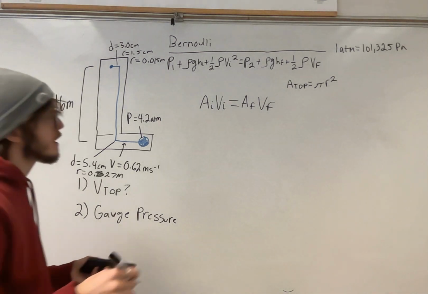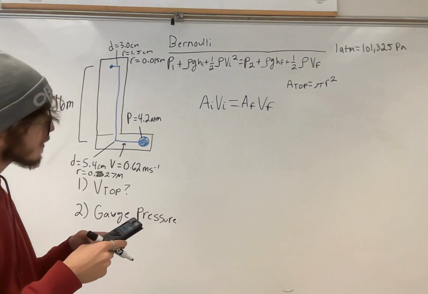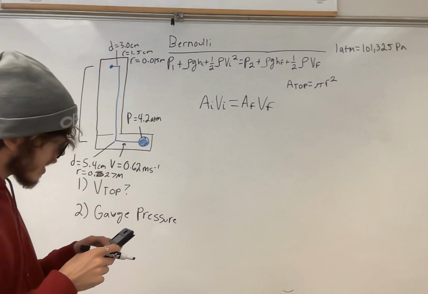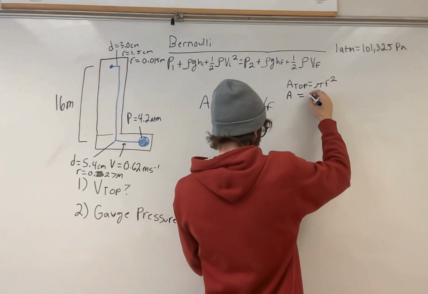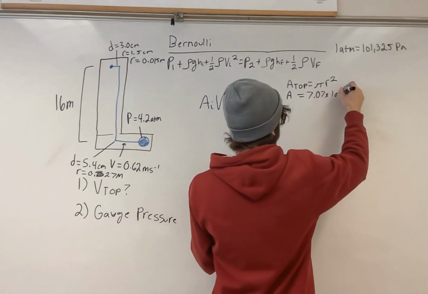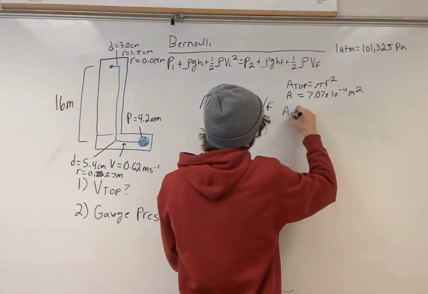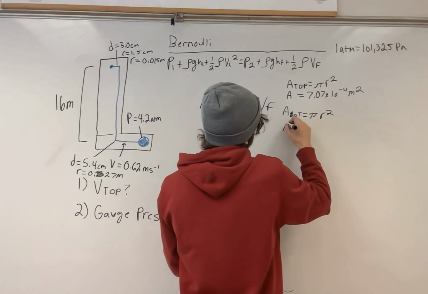Now we need to find the respective areas. So for the area of the top pipe, let's do 0.015, square that value, times it by pi. We're going to get the area here to be 7.07 times 10 to the negative 4 meters squared. And for the bottom, same thing.